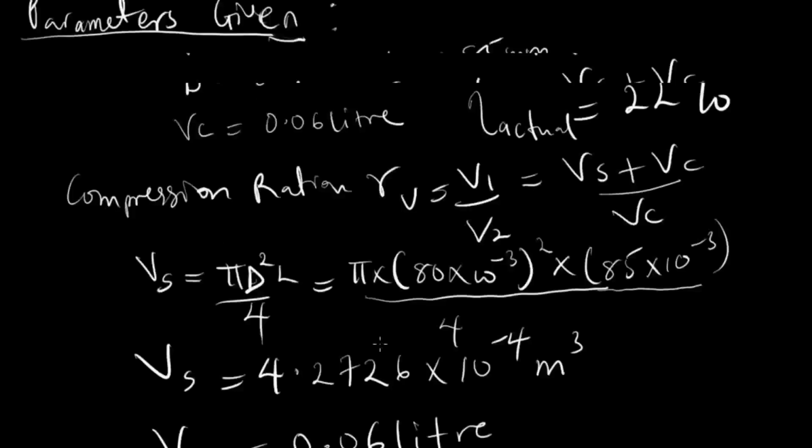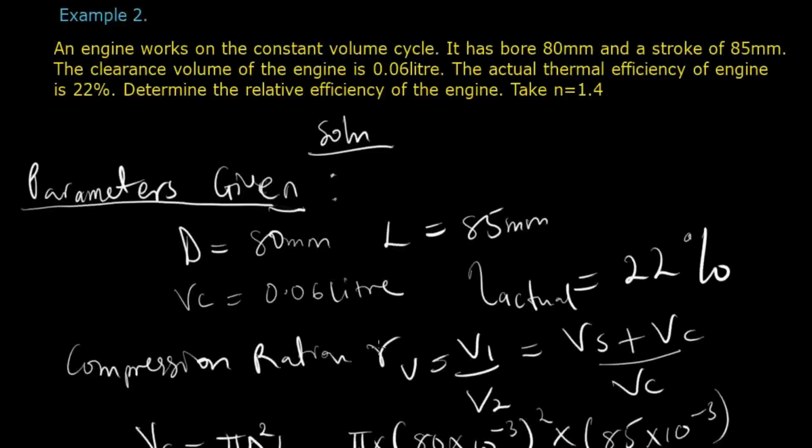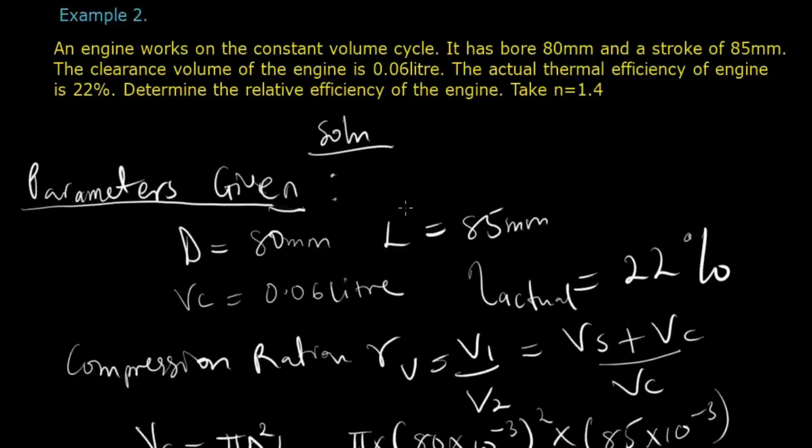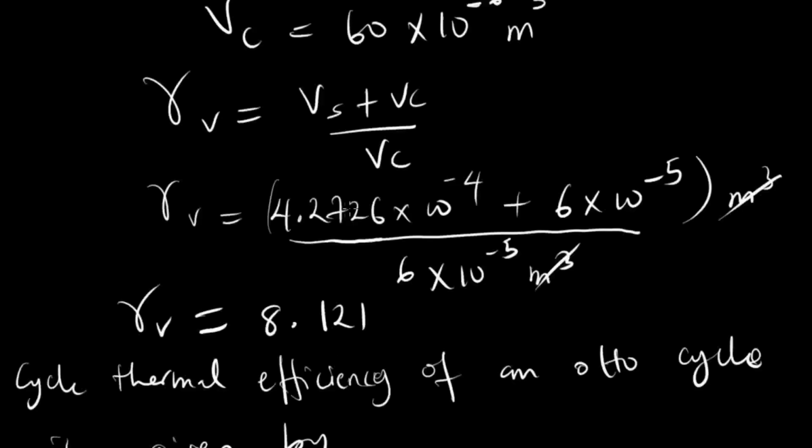They didn't just ask us to calculate the cycle thermal efficiency, they asked us to determine the relative efficiency of the engine. So relative, just like relative density of something over density of water. So this will be efficiency of something over efficiency of the system. So this is how we are going to write it.